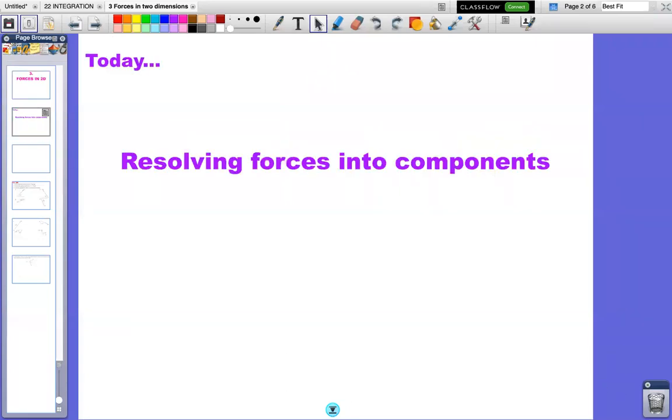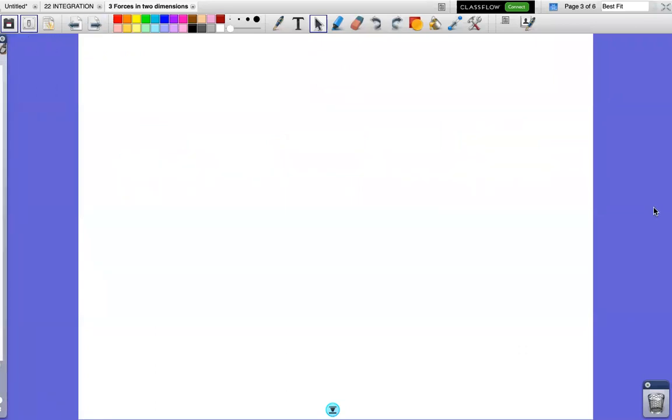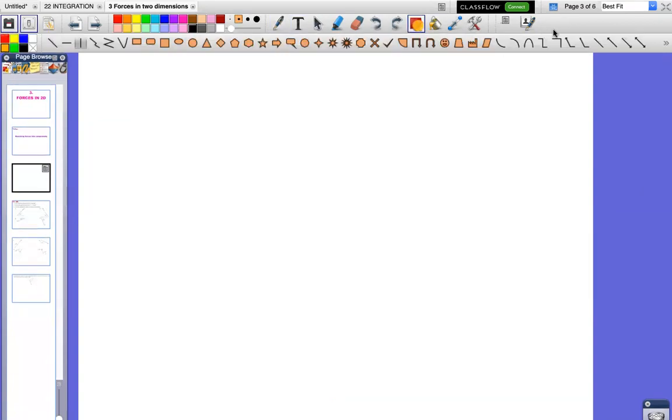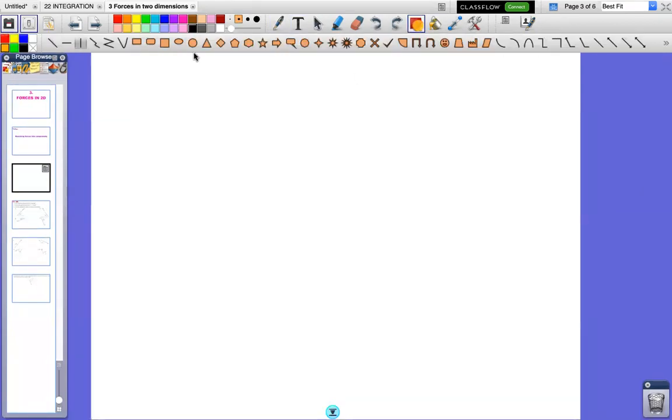And for today, we are going to look at how to resolve forces into components. You all remember that a force is a vector quantity, right? So a vector quantity means that forces have magnitude and direction.